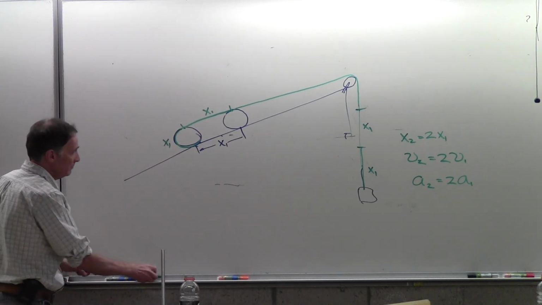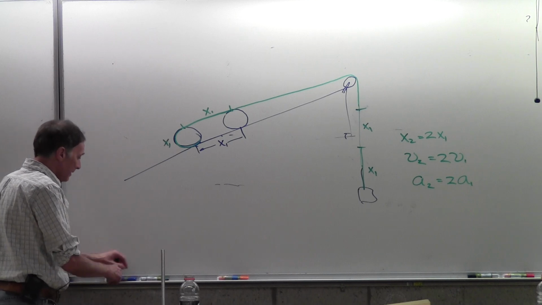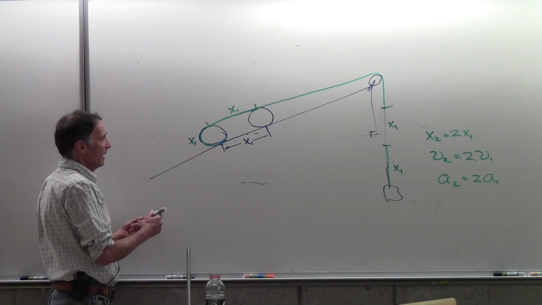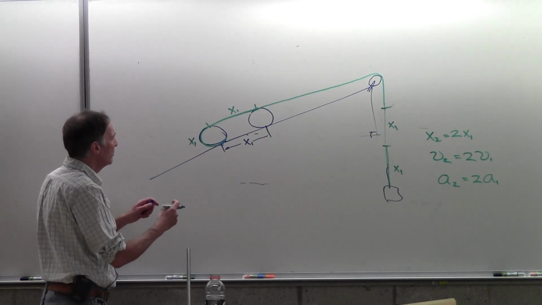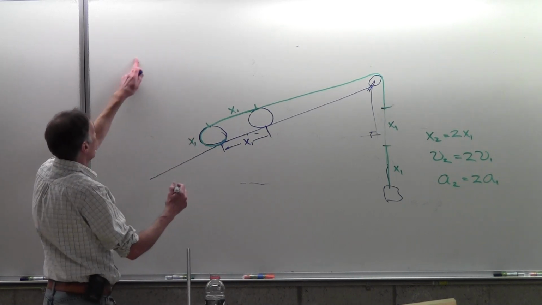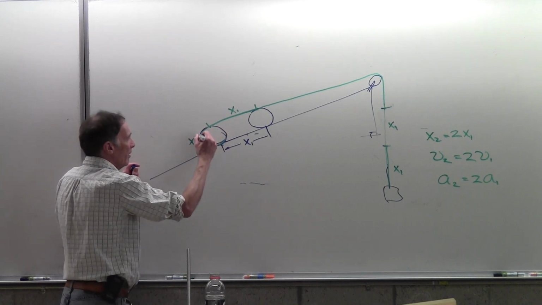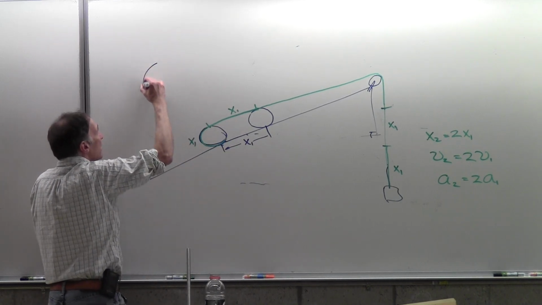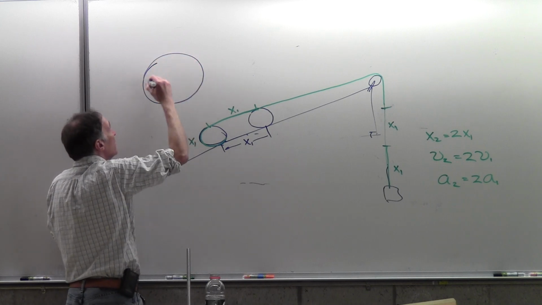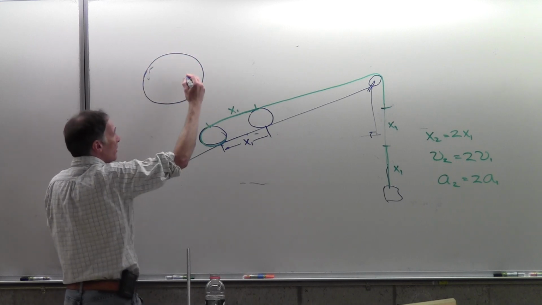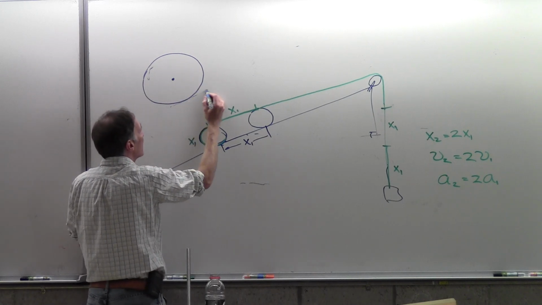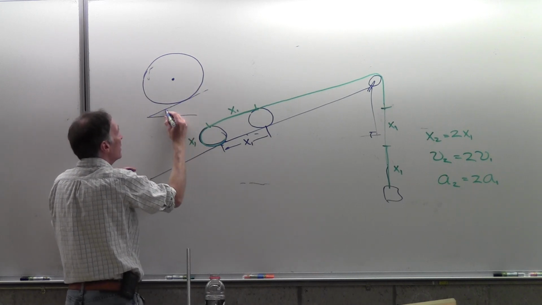Now, this is rolling without slipping. I think I'm going to draw a little bigger picture of this thing on the incline, kind of a free body diagram. We've got the circular wheel, and it's on this incline that is at 30 degrees.